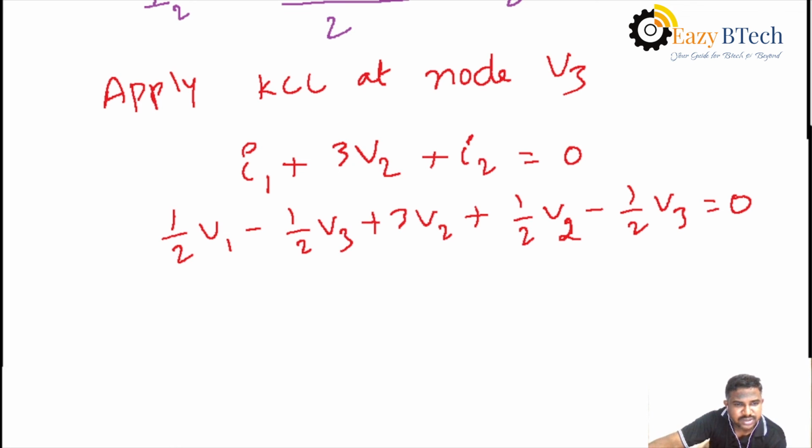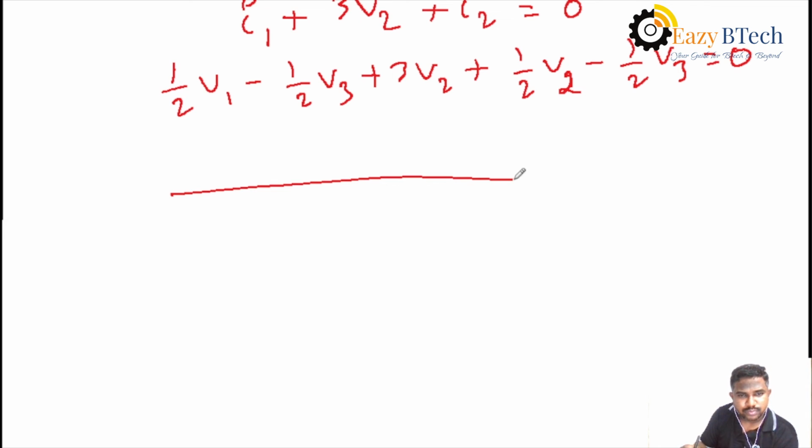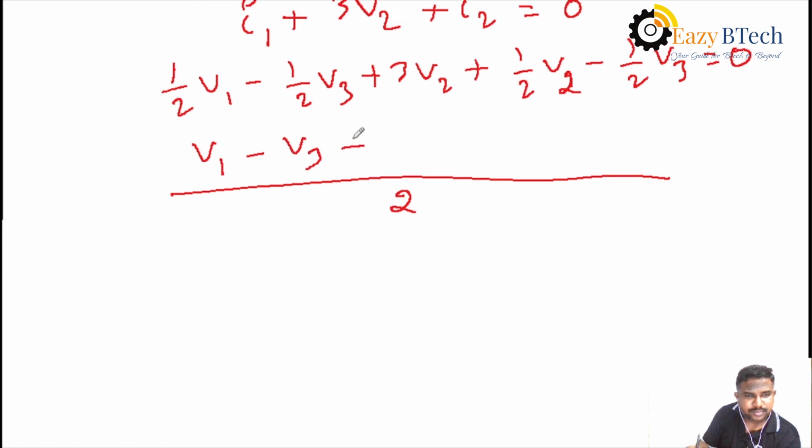Write down all the terms on one side. Take LCM 2 for the overall equation. That is V1 minus V3 plus 6 V2 plus V2 minus V3 equals 0.